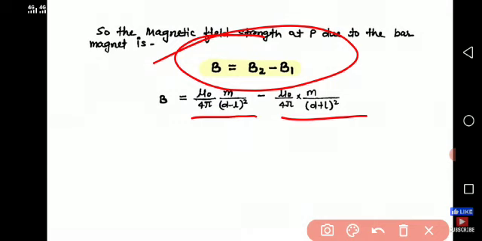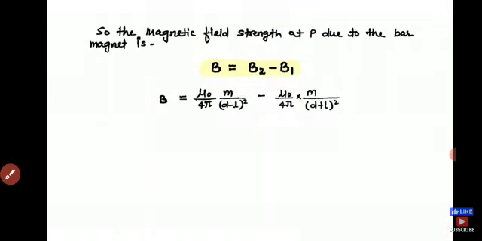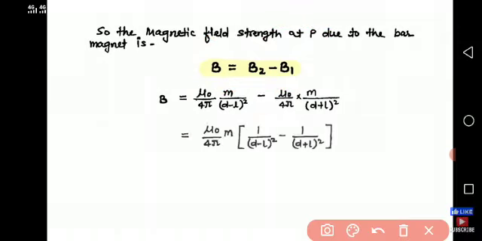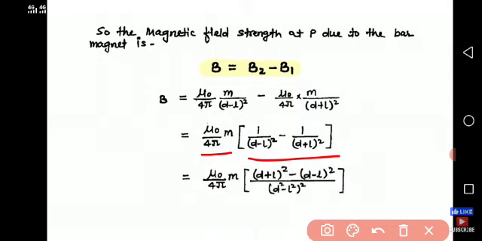Dear students, here you can see that some terms are common to each other. So you know that those common terms we can take outside. So we have taken mu naught upon 4 pi m common. Okay, so now what would the next step be? We will take the LCM of (d minus L) square and (d plus L) square.